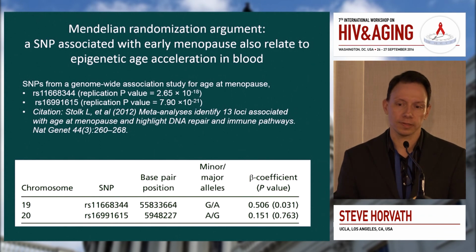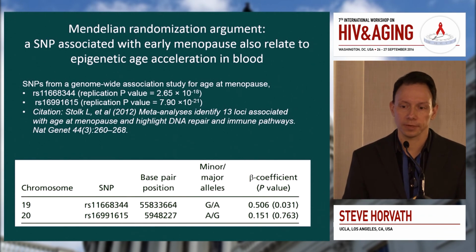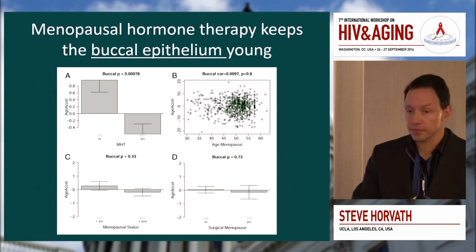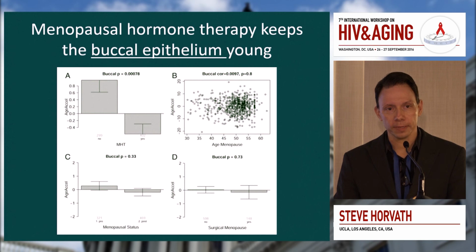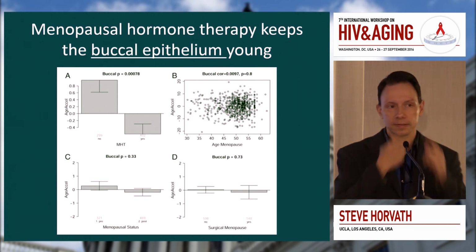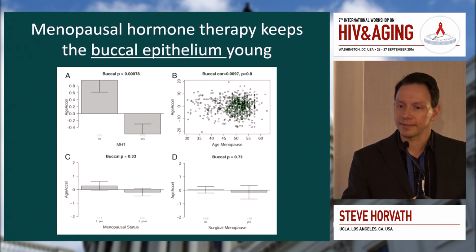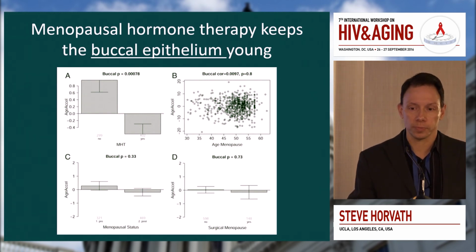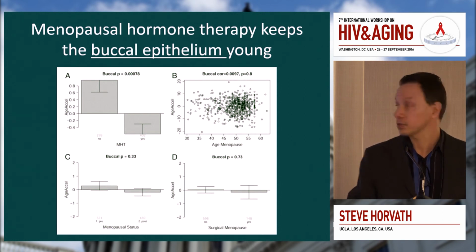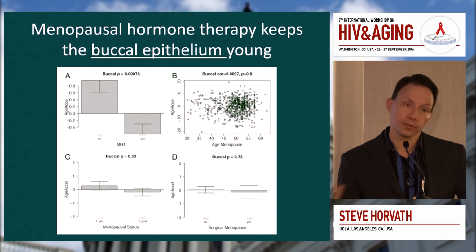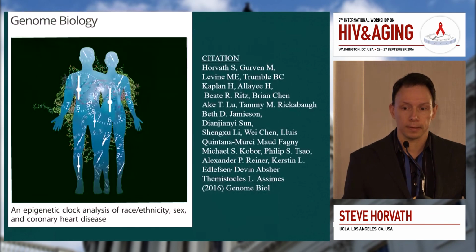So that's what is known as a Mendelian randomization argument. And finally, we looked at the effect of menopausal hormone therapy, and it turns out that women who had menopausal hormone therapy, their buccal cells, the cells inside the cheeks, were significantly younger than those of women who didn't have hormone replacement therapy. And I should mention, we also looked at the effect of hormone therapy in blood, but we couldn't find an effect in blood.